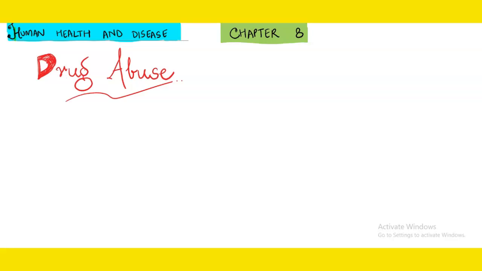So let's start with the various drugs. First category is of the opioids. This is a very important topic from the board's perspective and from the competition point of view. So every bit which is given in NCERT is very important to learn.